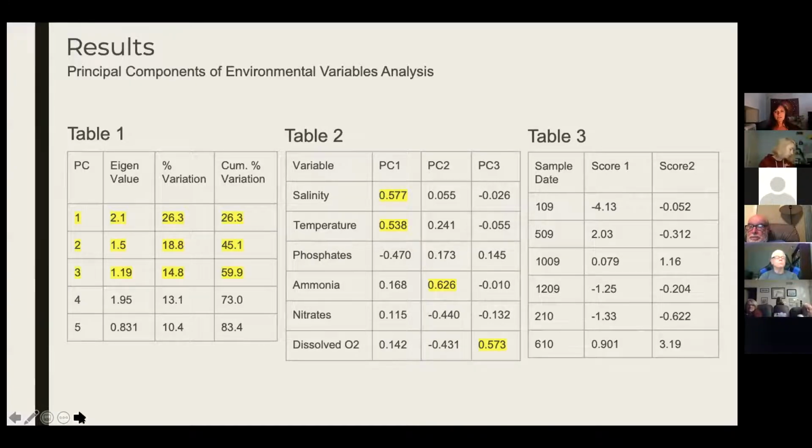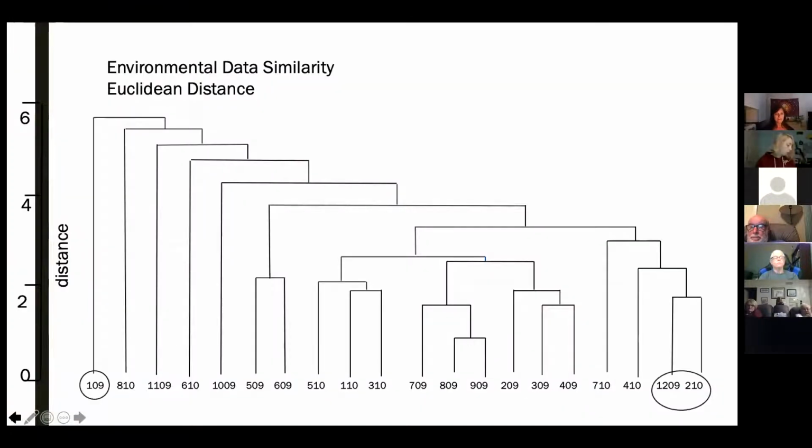So now I'm going to torture you with just a little bit more math. And this is the principal component analysis. So this means, I lied a little bit. I said we weren't going to get into the nitty gritty about what was so different, which we aren't, but we're going to get some more clues about what was making these days different from each other or more similar to each other.